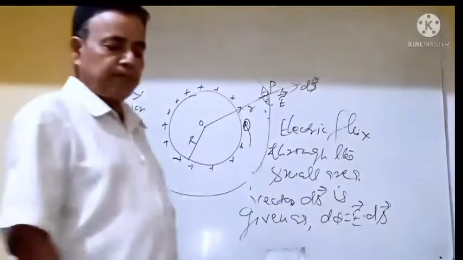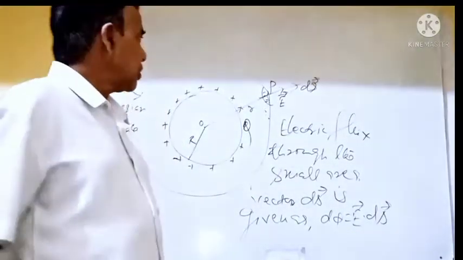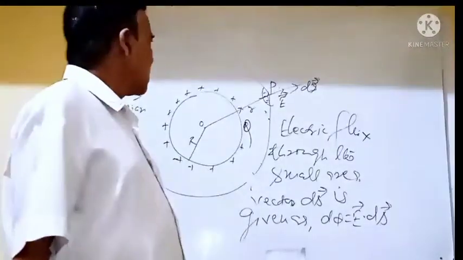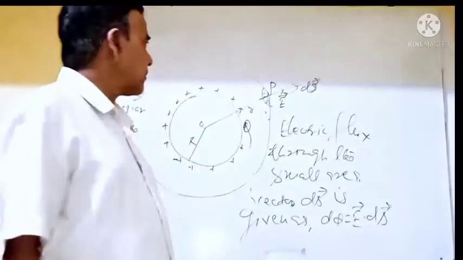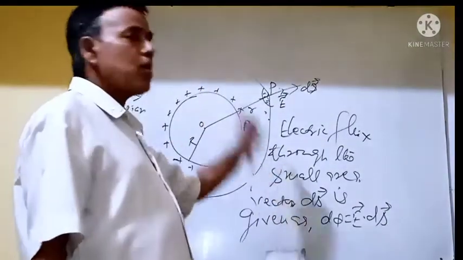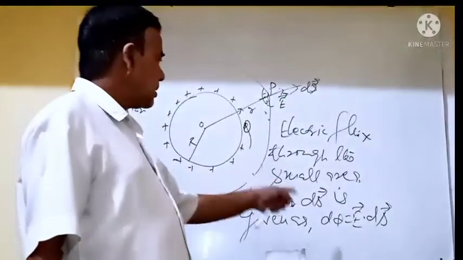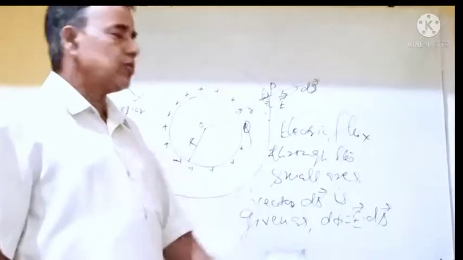Electric field vector and the area vector both will be in the same direction. So what is the electric flux through the small area element dS? That is E dot dS, and theta is equal to 0 degree.